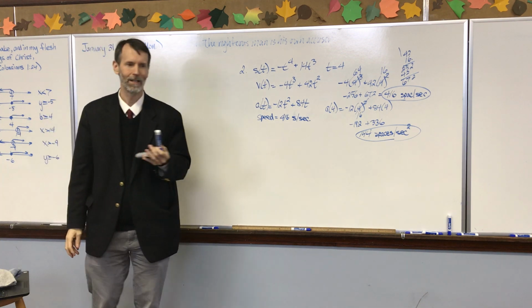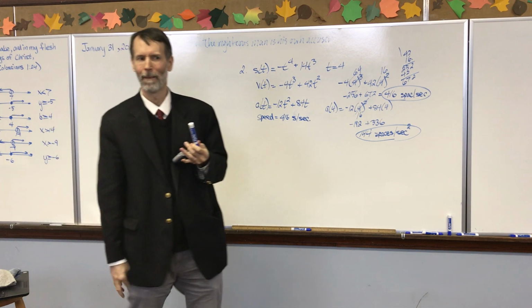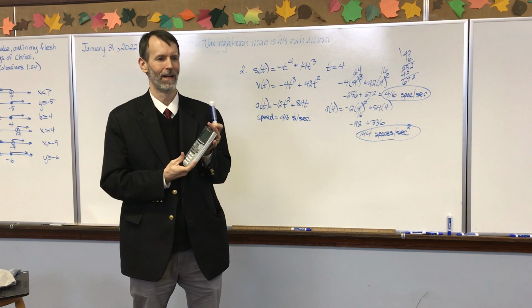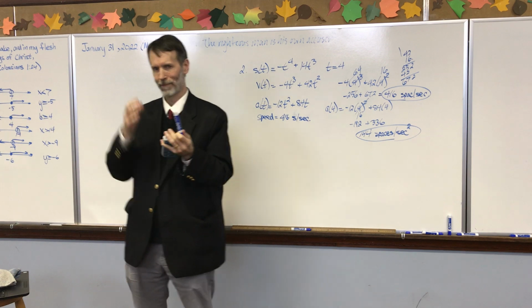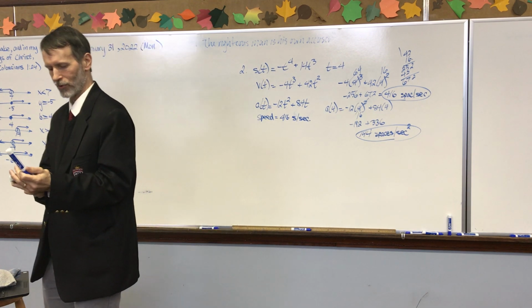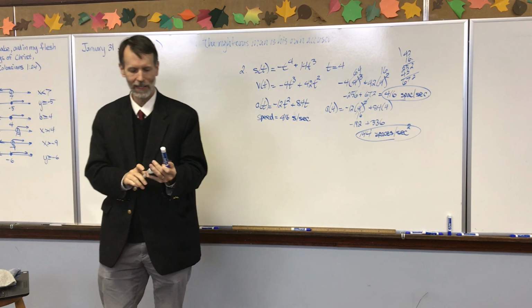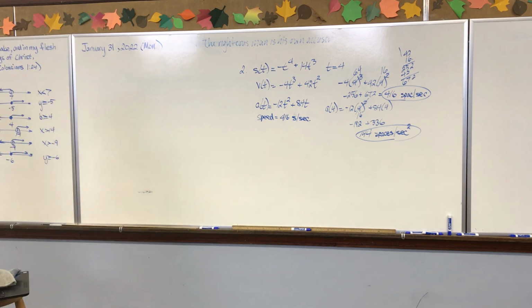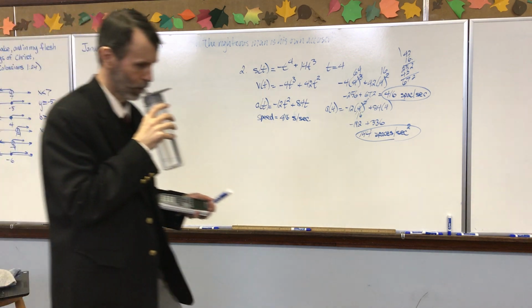Does anybody not have a calculator with them? You have a calculator? Go grab it. Go to the y equals screen. Clear out any functions you have in there already. With a little bit of practice, this gets pretty fast.